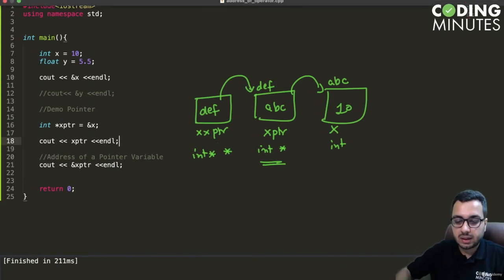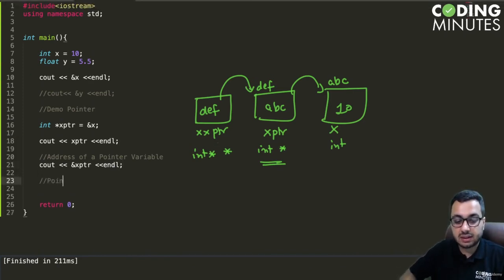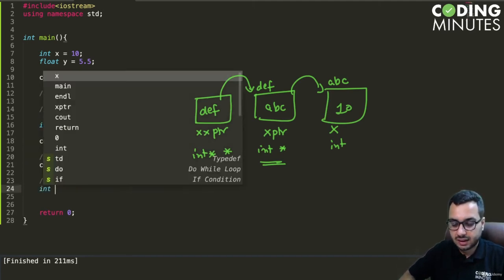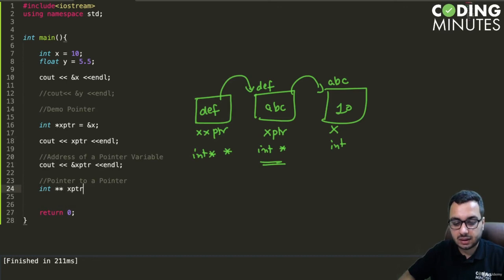So it would be a pointer to a pointer variable. Let's try to create a pointer to a pointer. We can say int star star xxptr, and this should be equal to &xptr. And cout I can say xxptr.